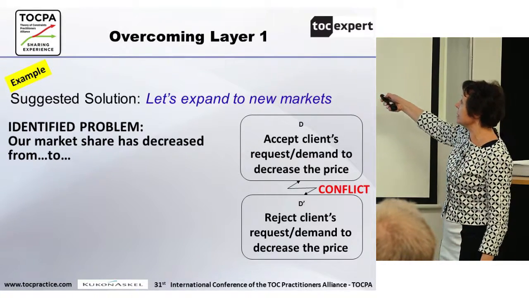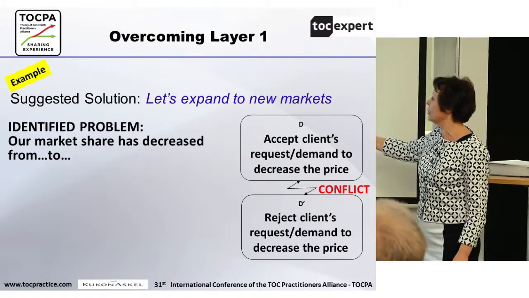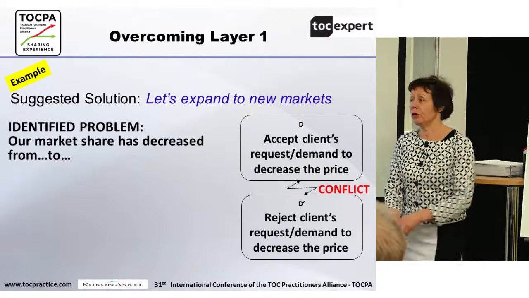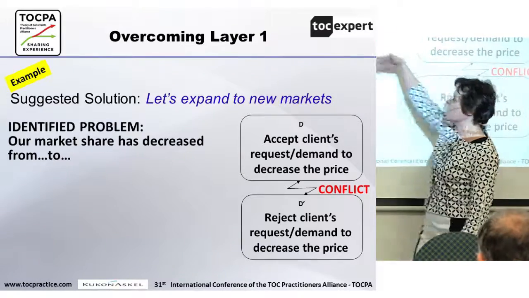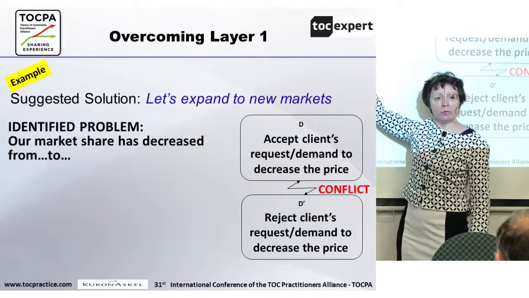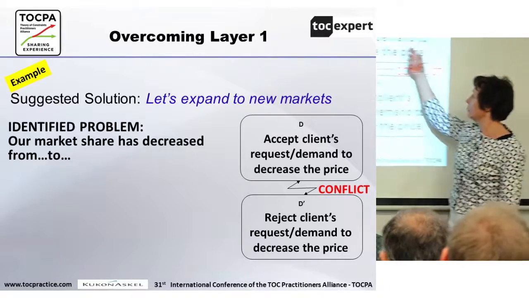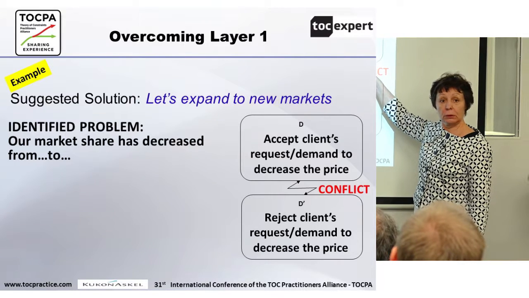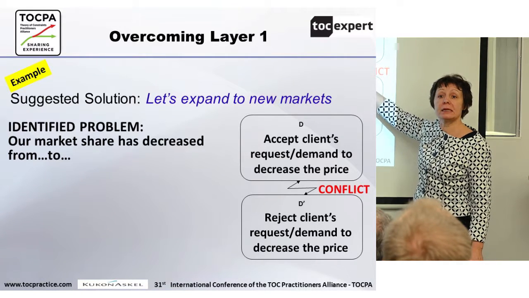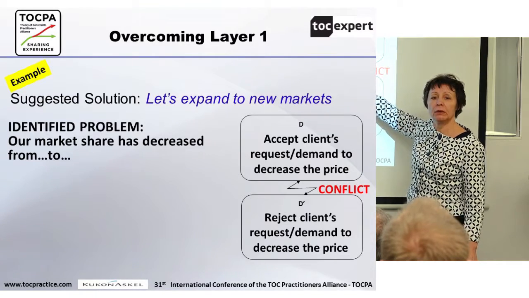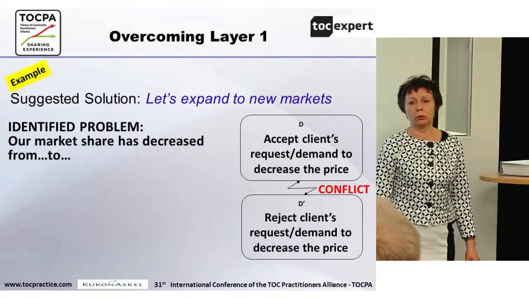Accept client's request or demand to decrease the price, or reject client's request or demand to decrease the price. Do you agree that one of the conflicts that will be clearly shouting about this problem is that? Correct? Will we see this behavior in a system that is losing its market share?